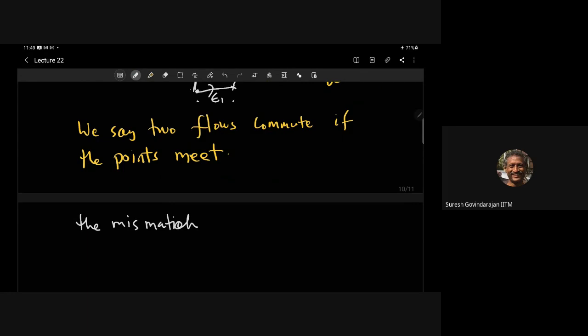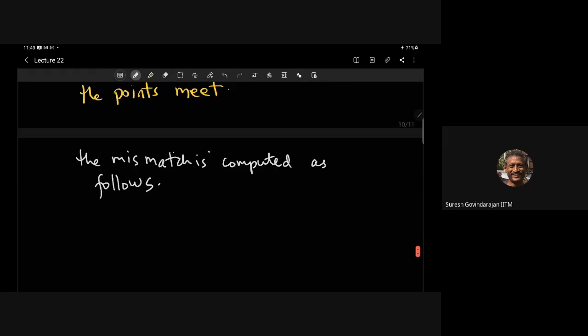I'm jumping one step actually. You just do delta 1, delta 2 minus delta 2, delta 1 acting on x.